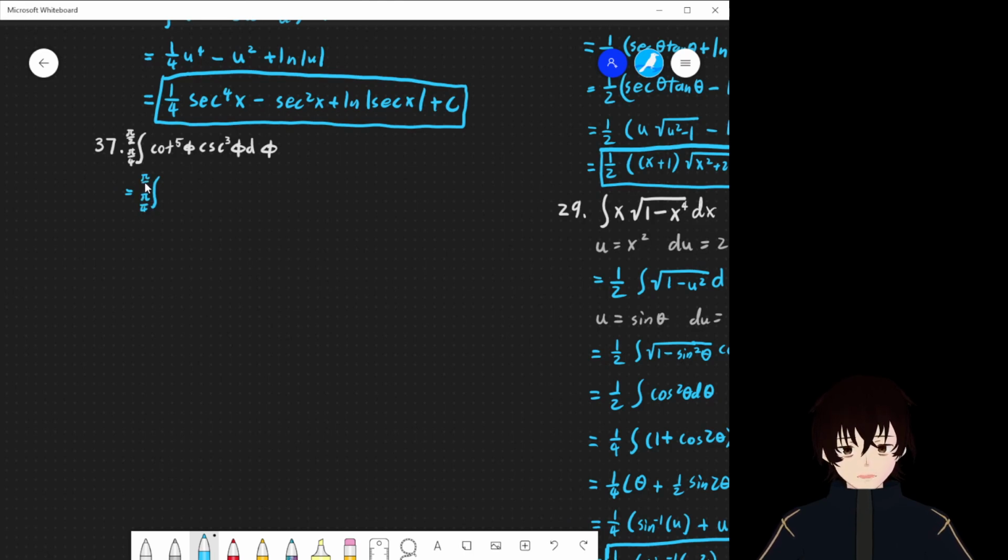From pi over 4 to pi over 2 of cotangent 4 phi times cosecant 2 phi times cotangent phi cosecant phi d phi.